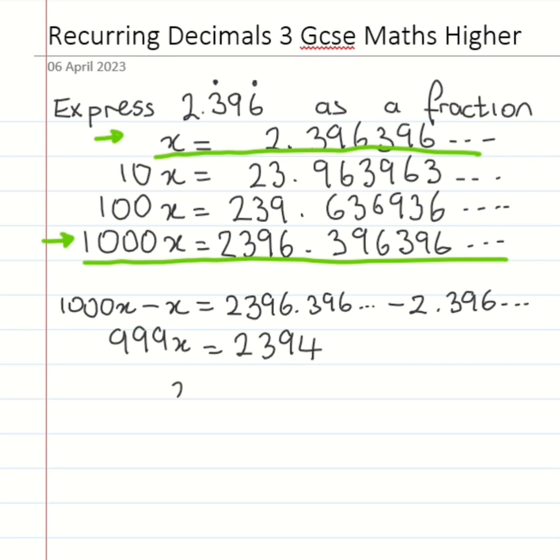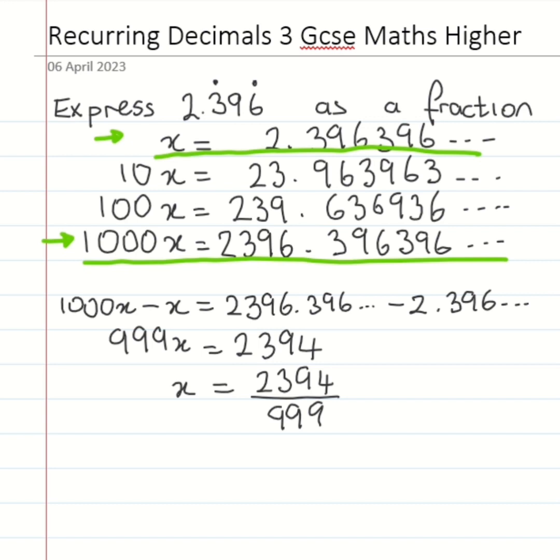If we then solve this equation by dividing both sides by 999, we will get the result of 2394 over 999.